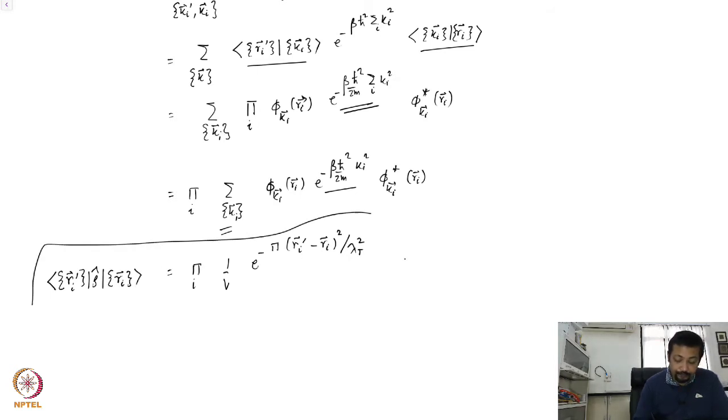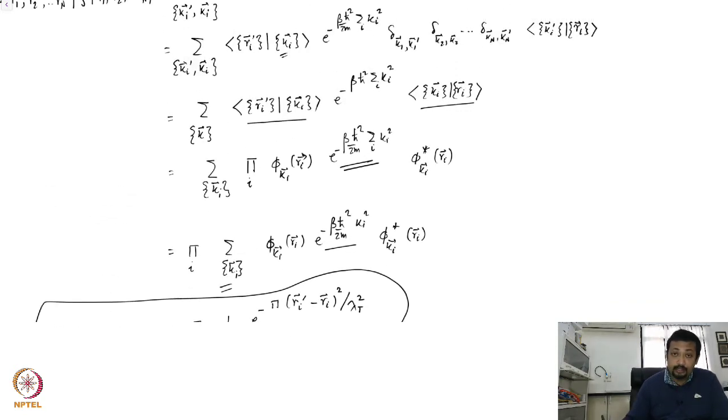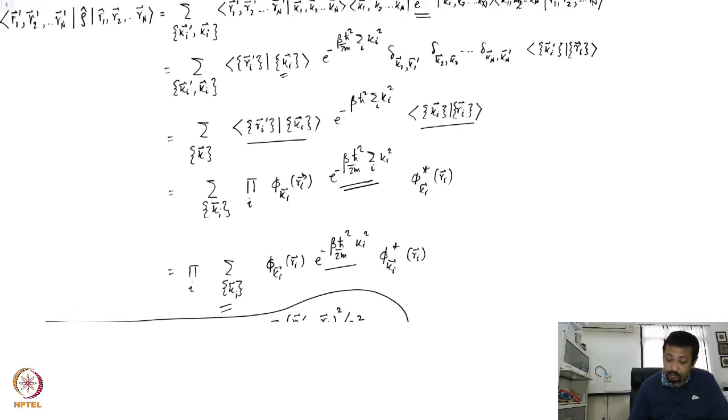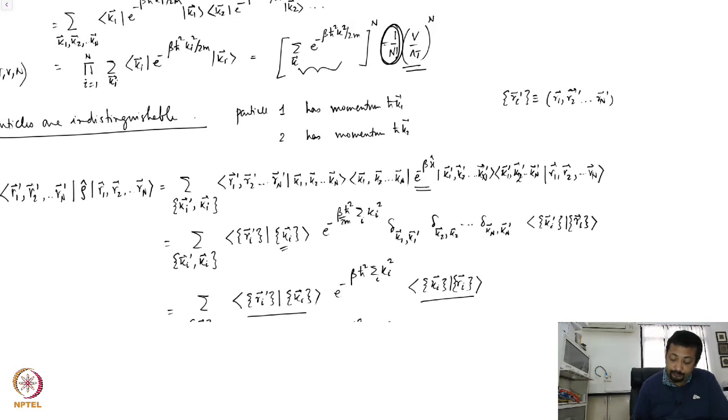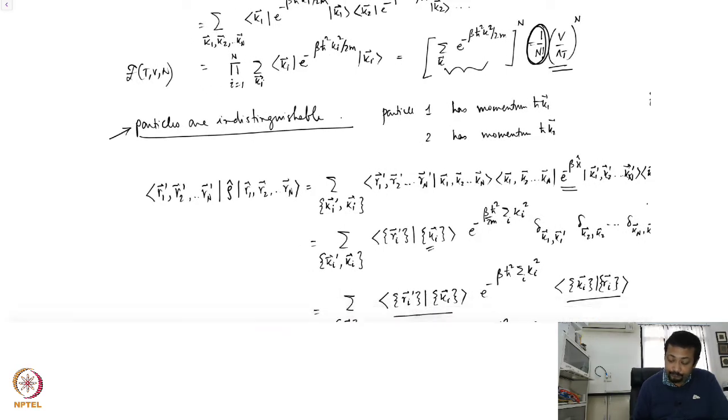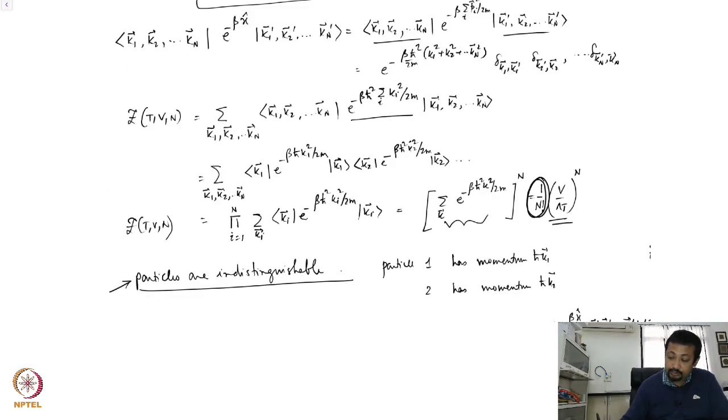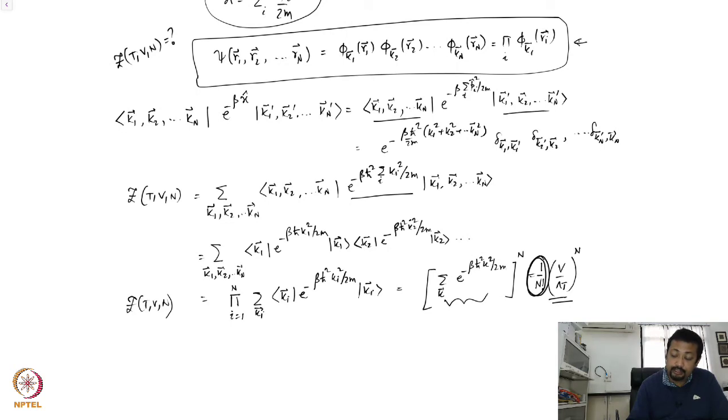Still, here also the problem is still there. There is no n factorial. So essentially our construction of the many particle wave function does not resolve the problem with the indistinguishability of the particles.